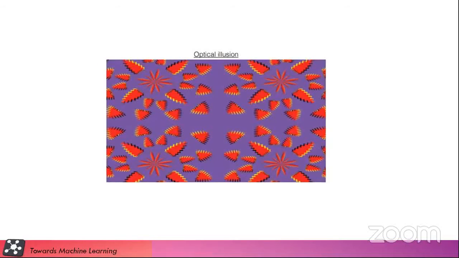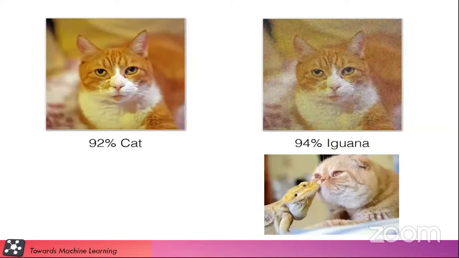In this slide, you can see an image of a cat that is classified as 92% cat. We have a very good network classifying it as a 92% cat. Now we have added some kind of noise to the image.